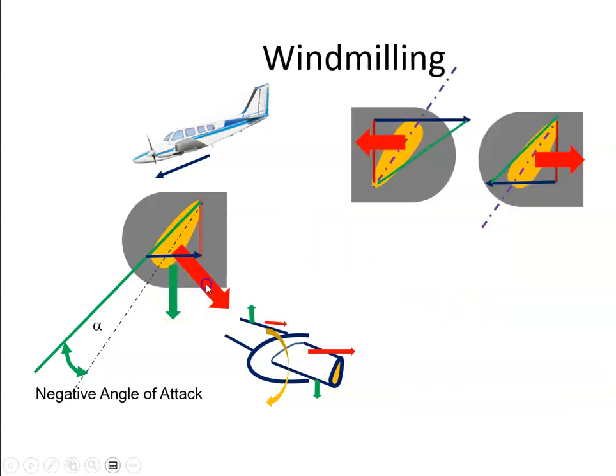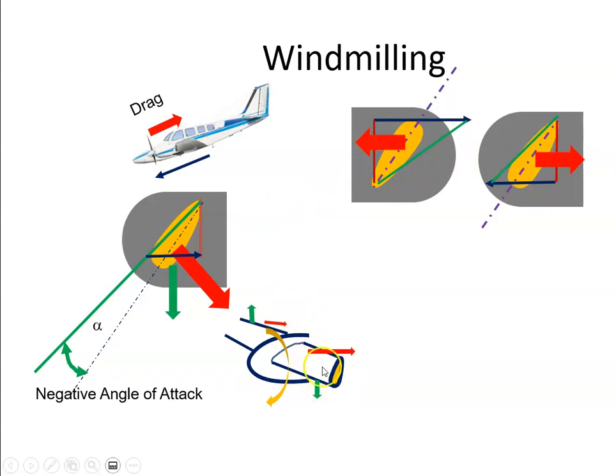That negative thrust we call drag. And if the aircraft has lost the engine, it needs to glide, and you want to keep your drag forces to a minimum when you're gliding. So I've shown the propeller blade from both sides.